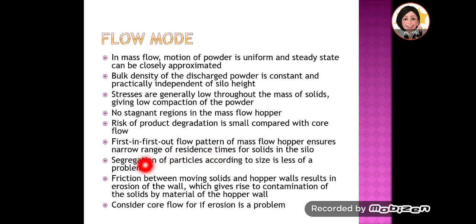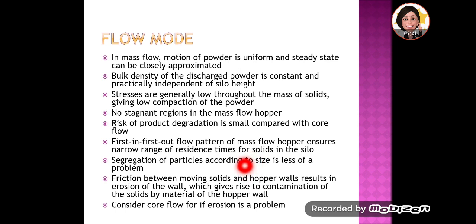However, the friction between moving solids and hopper walls can result in erosion of walls. When there's erosion of walls, this can give rise to contamination of solids by the material of the hopper wall, as well as degradation of the hopper wall.